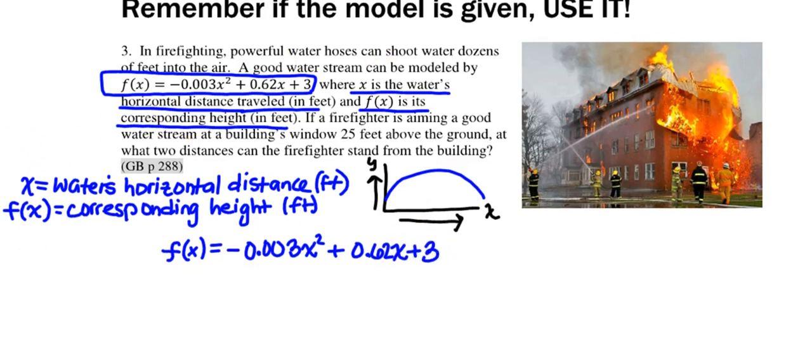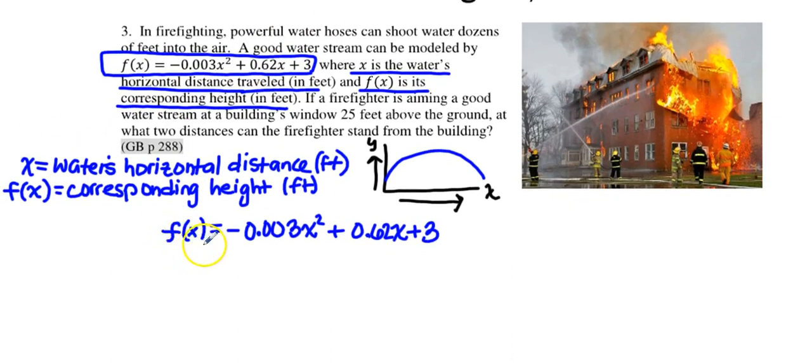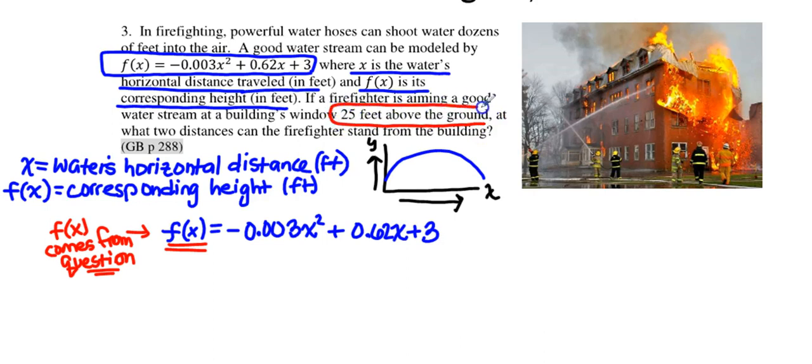The key here is to remember that this f of X comes from the question. So let's go read and see what the question is asking. It says, if a firefighter is aiming a good water stream at a building's window 25 feet above the ground, at what 2 distances can the firefighter stand from the building?